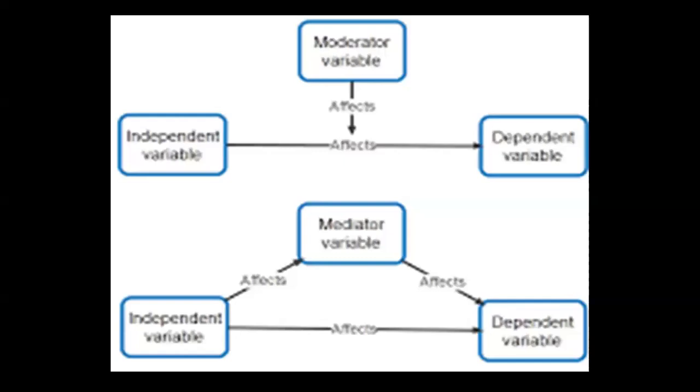On the screen, you can also see a different kind of research framework. The picture also depicts different kinds of variables: the independent variable, the dependent variable, moderator, and mediator.